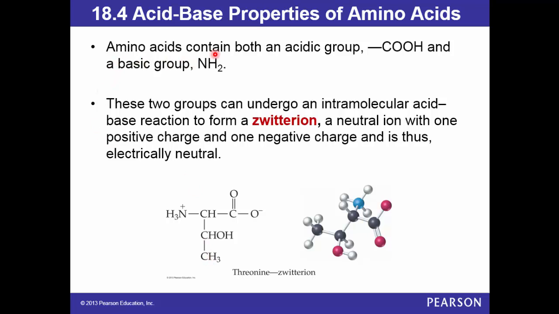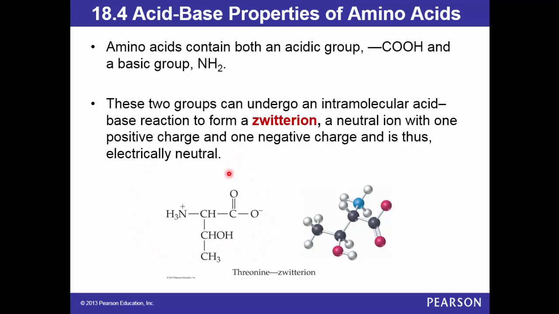Now, amino acids contain both an acidic group and a basic group. Now we want to talk about the acid-base properties of amino acids. These two groups can undergo an intramolecular acid-base reaction to form a zwitterion, or a neutral ion, with one positive charge and one negative charge, and is thus electrically neutral.